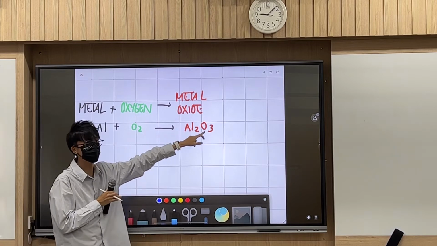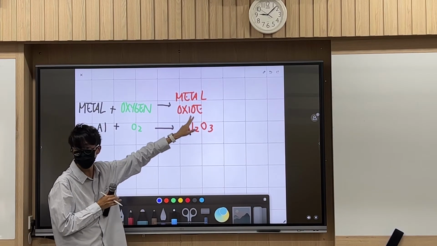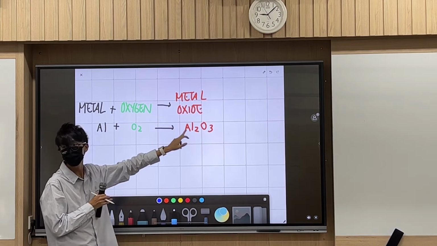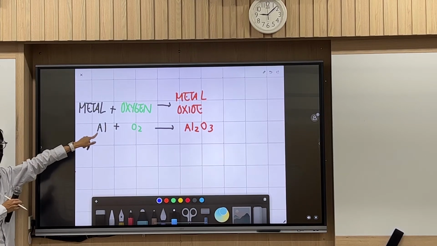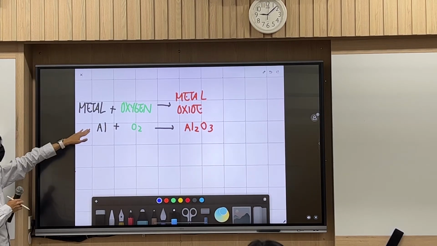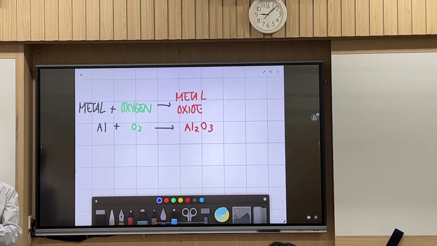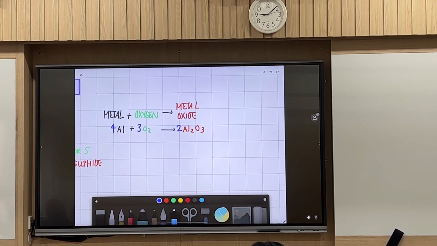How do you turn 3 into 6? Multiplying by 2. So once you put a 2 in here, how many Al would there be? 4. So finally you put 4 here. This is why you shouldn't put 2 here first, because the O is still not balanced. So put this down: 4, 3, and 2.